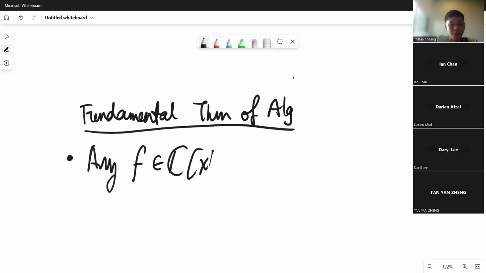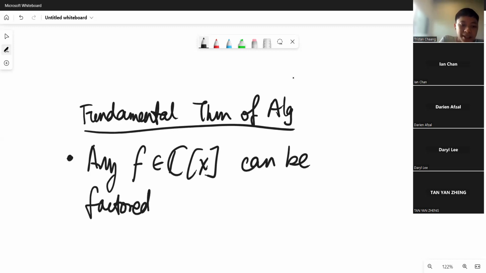Any complex polynomial, so polynomial with complex coefficients, which includes polynomials with real coefficients, includes polynomials with integer coefficients, so basically all of them, any complex polynomial can be factored completely into linear factors.